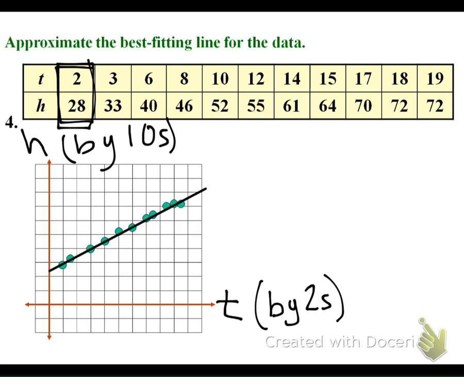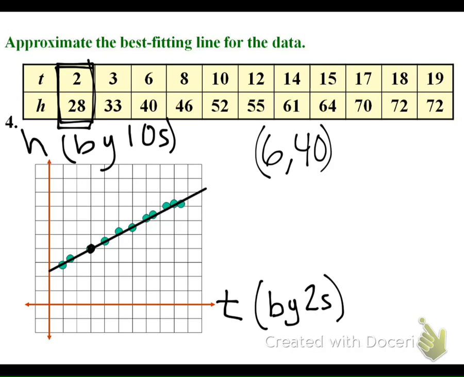All right, now let's see if we can pick some data points that are on that line. I'm going to try to pick one where the t value, or the x value, is divisible by 2, and the h is divisible by 10. What are you guys saying? 6, 40 and 6, 1770. Oh man, 6, 40 sounds like a great one. And 1770.